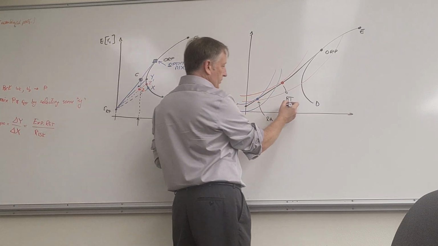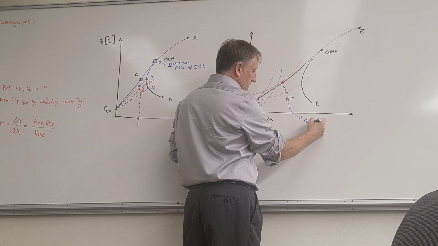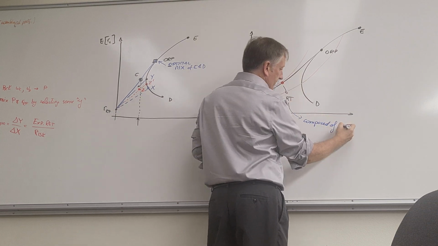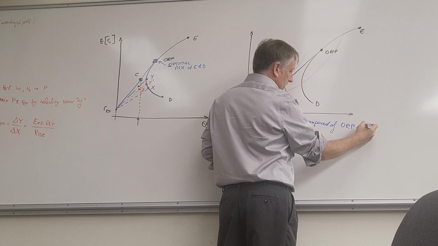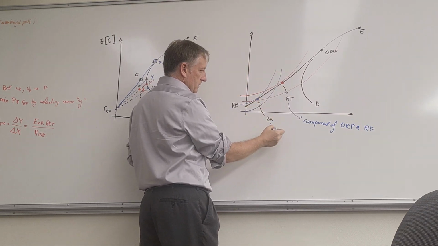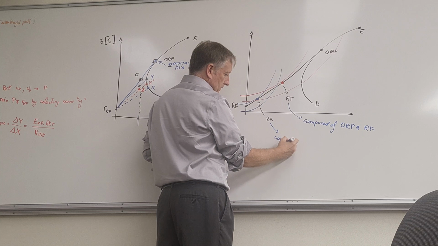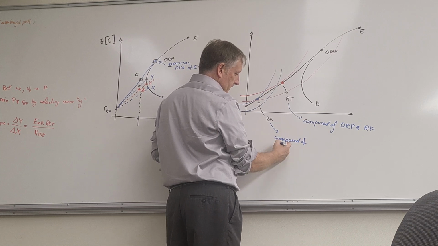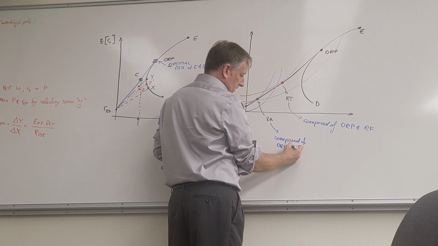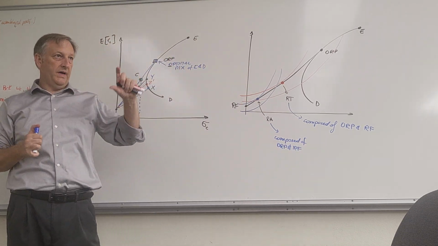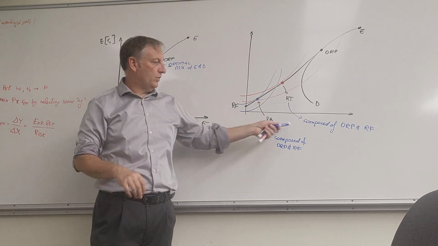So this one is composed of ORP and risk-free. What about this guy right here? It's also composed of ORP and risk-free. What's the difference between the two? It's by how much you mix ORP and RF.